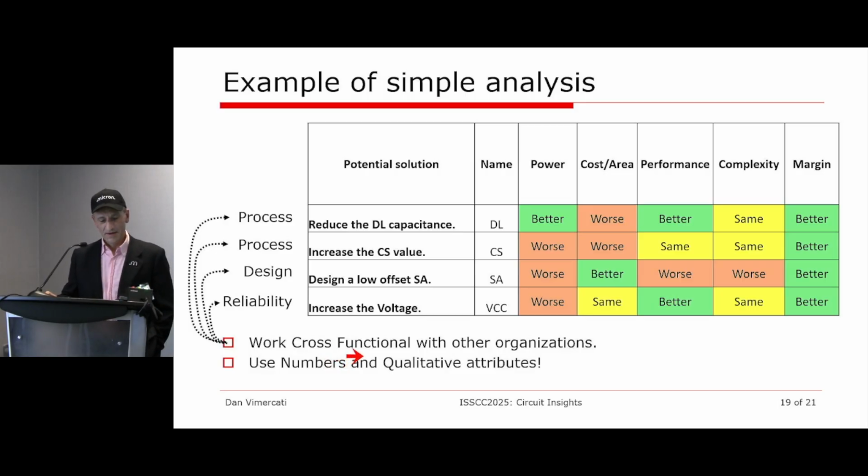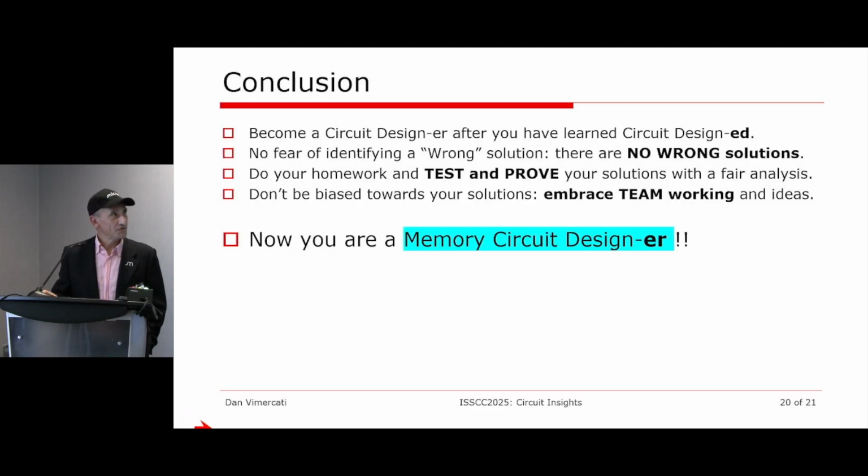Okay, all right. So here is the conclusion for my talk, which is, in my opinion, in order to become a circuit designer, you have to first try to be a circuit design engineer, so learn everything that you can learn before working on your part. And there is no wrong solution.